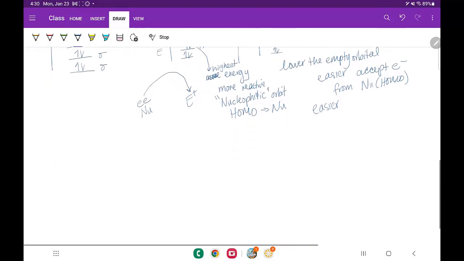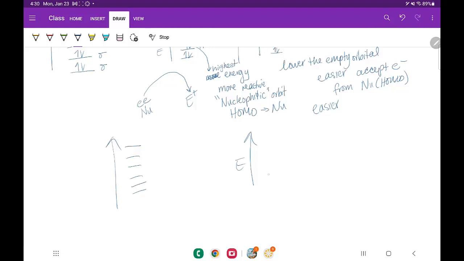So let me give you another example. Let's say we had these fictitious molecules, and I'm drawing the energy diagrams for them. Let's just pretend that this was coming from our nucleophile. And if you don't remember how to identify strengths of nucleophiles, please check out chapter 6 and chapter 7.